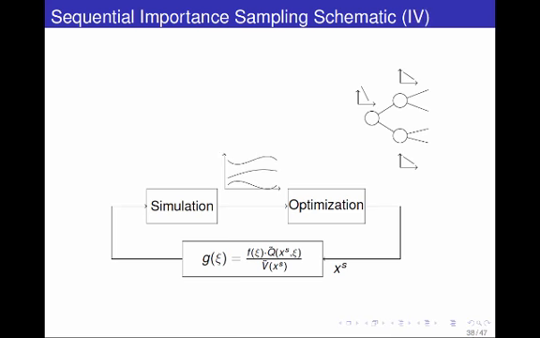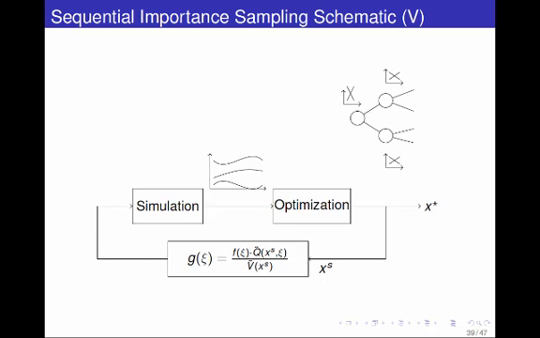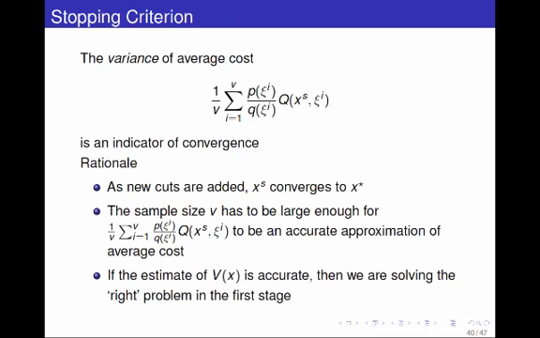The sample you simulate here is based on this new distribution g, and this g will always change depending on the x you're sending in from the previous step. You stop after you've generated a bunch of cuts and this quantity has stabilized. That's the idea of importance sampling.